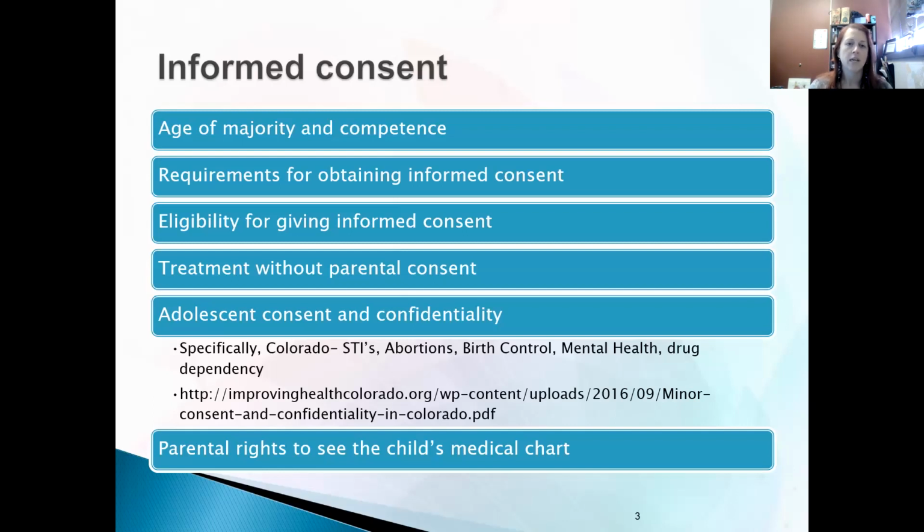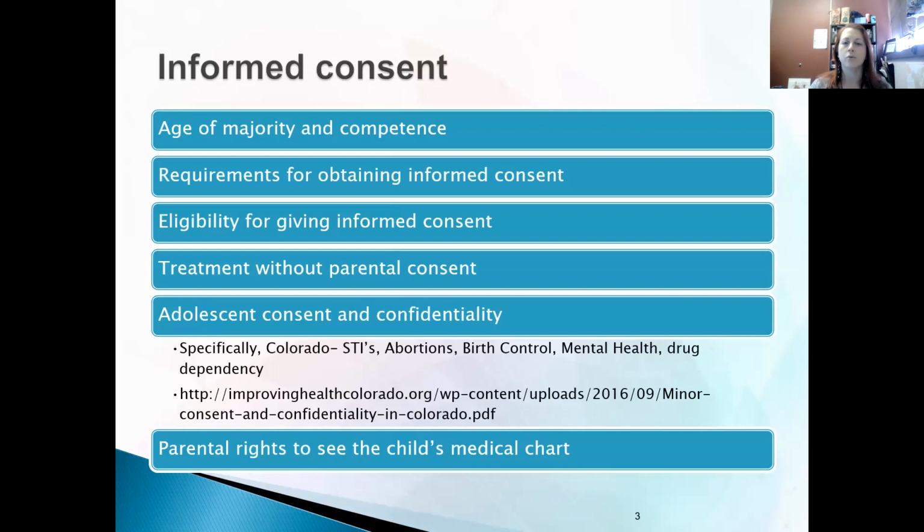Other things that can fall into this category would be emancipated minors, which a lot of times we see teens that are experiencing homelessness that maybe have been kicked out of their household. They can go through the court systems and can show that they're independently supporting themselves, can get legal documentation saying that they're an emancipated minor.